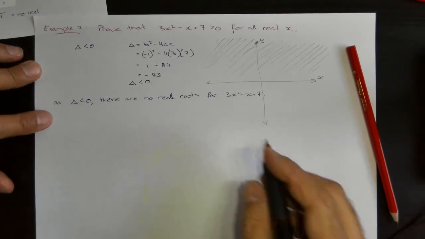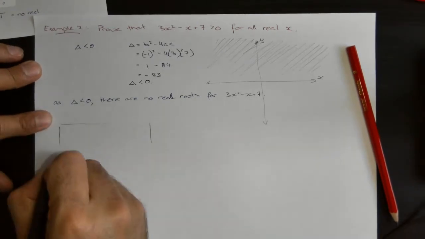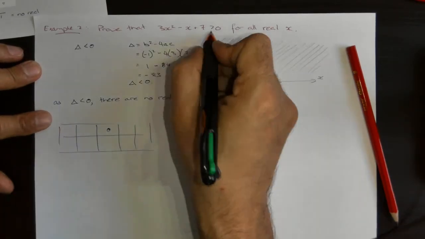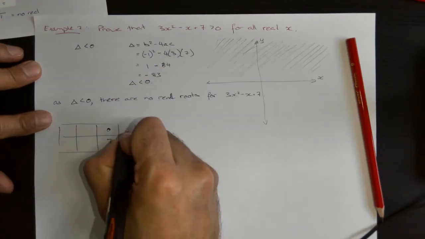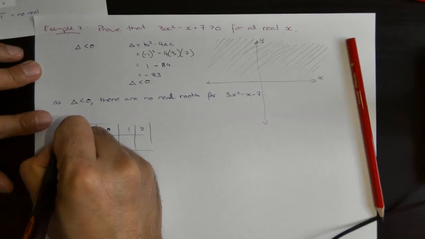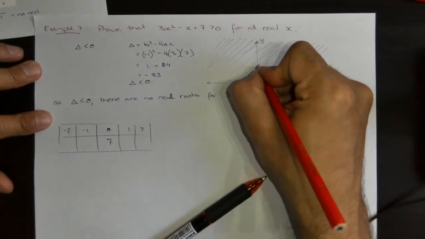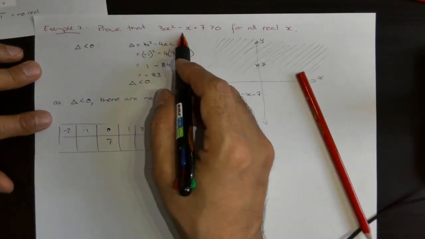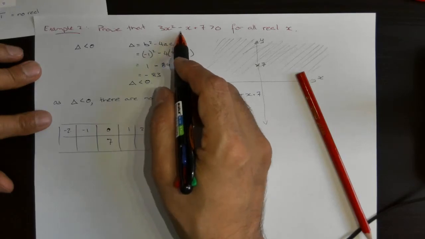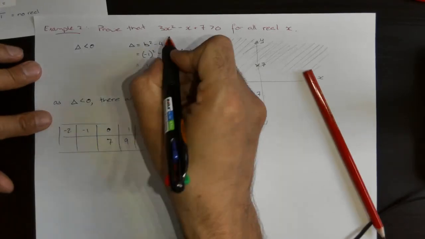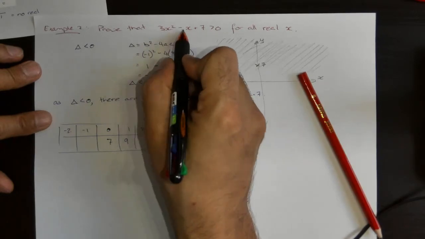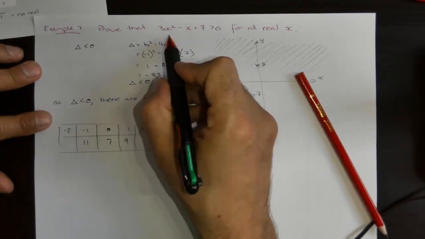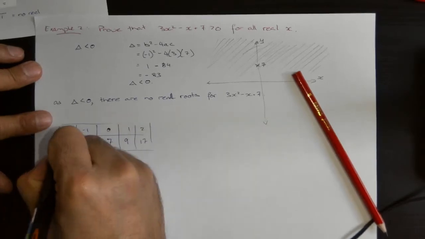Okay, and we can do it by just testing some values, or let's plug some points in. So if x was 0, this whole thing would be 7. Up here, it's just a sketch, would be 7. Okay, if it was 1, 3 minus 1 is 2, plus 7 is 9. 3 plus 1 is 4, plus 7 is 11, and this is 17, and this is 21.